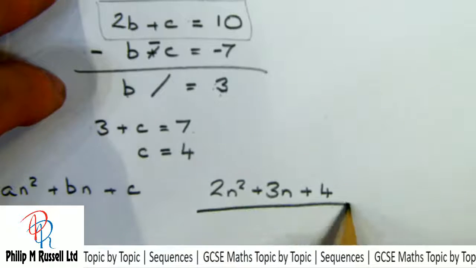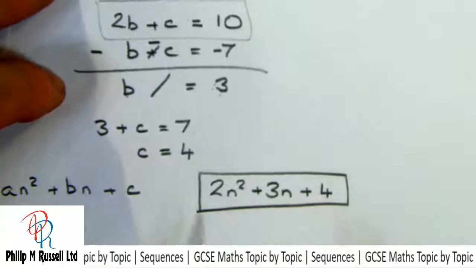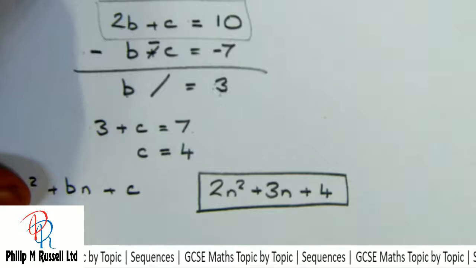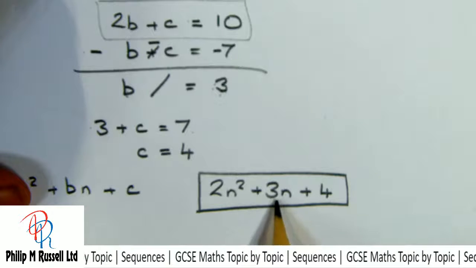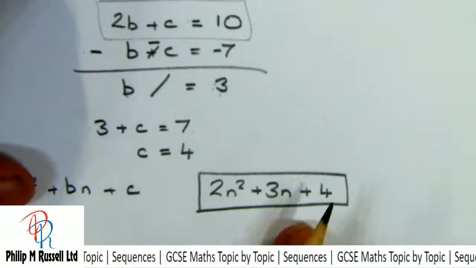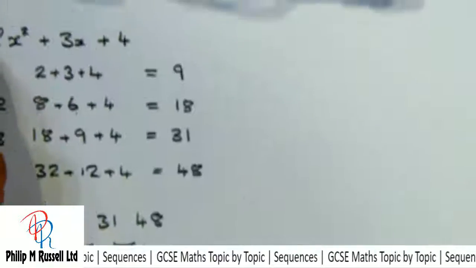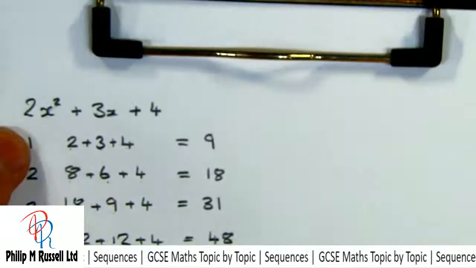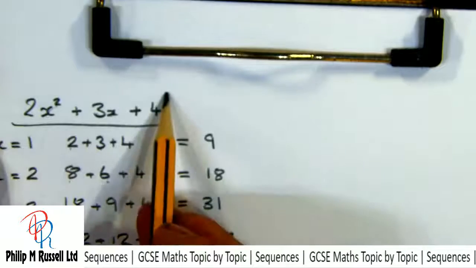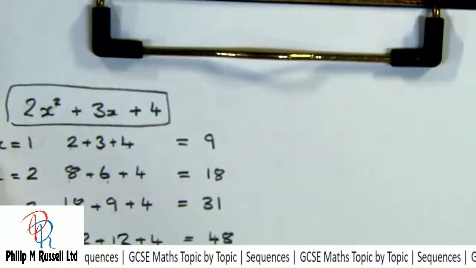And I've worked out my equation, 2n squared plus 3n plus 4. And if I go back to what we started with at the beginning, that was my equation. And so I've solved it.